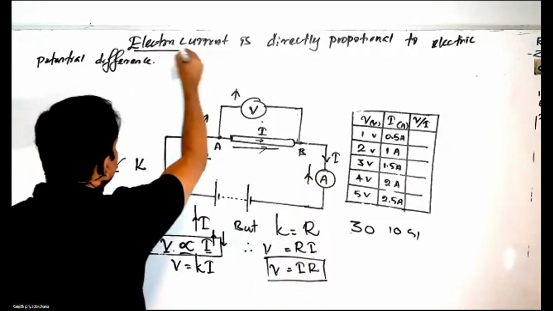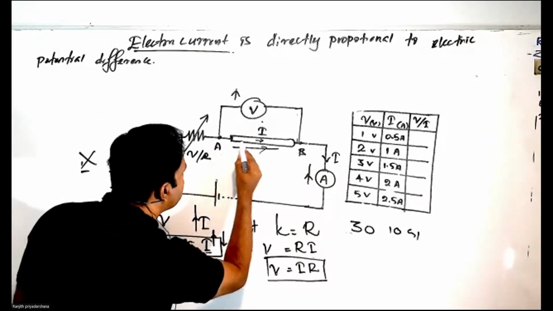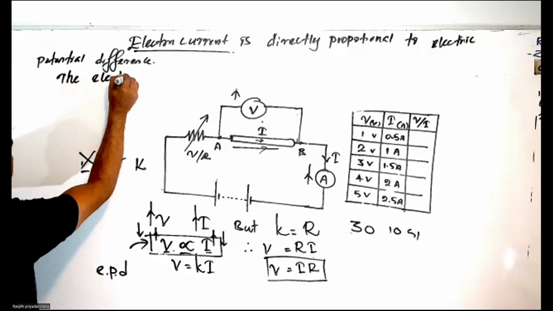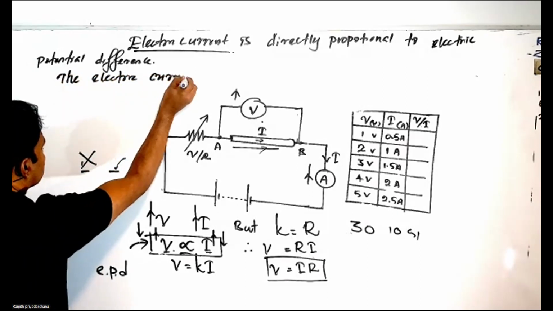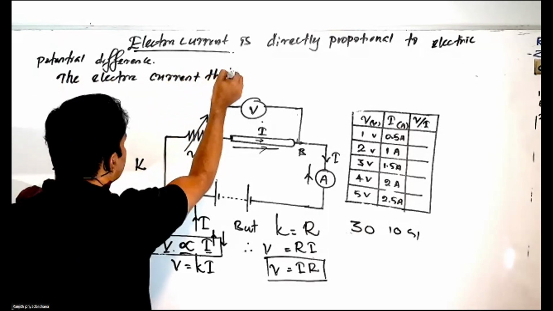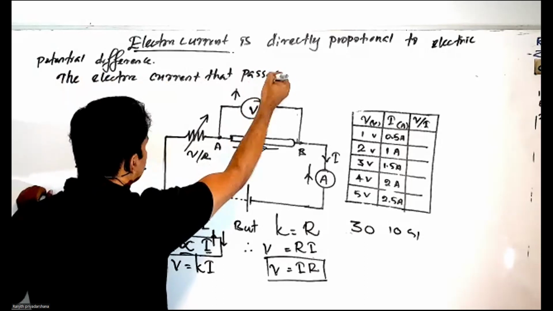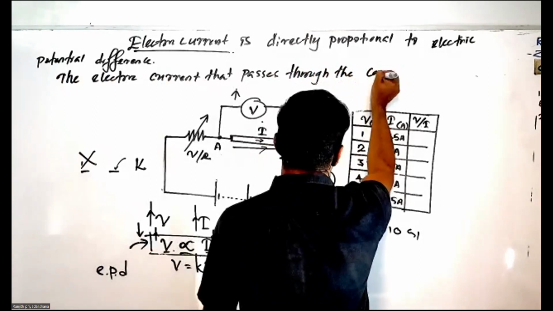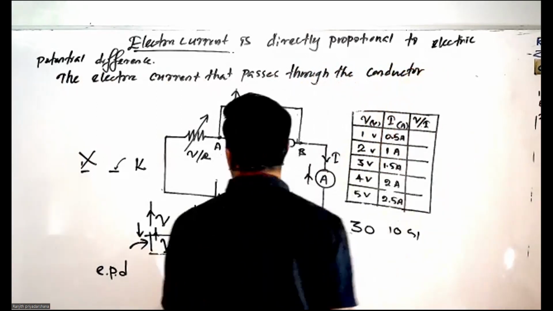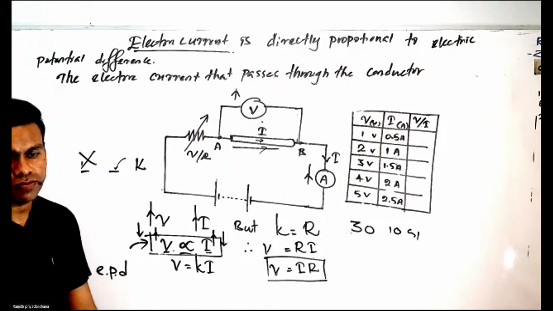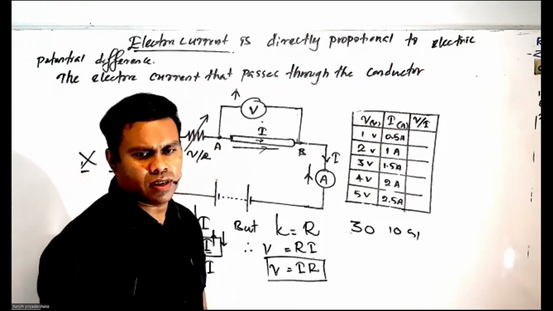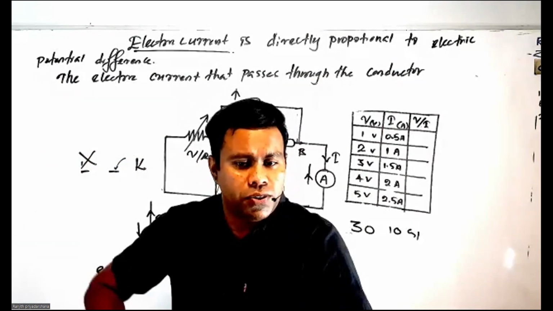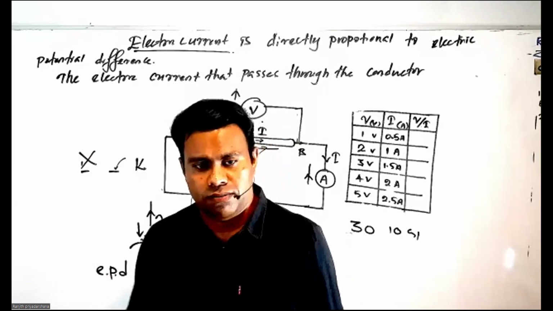Which electric current? The electric current that passes through the conductor is directly proportional to the electric potential difference.